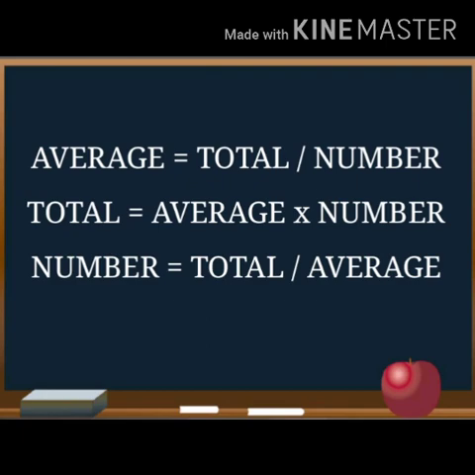From the formula for average, we can get the total of the data and also the number of data. Remember these terms: we get the total by multiplying the average with the number of data, and if we want the number, we divide the total by the average. Just remember these equations. Now let's do some problems using this.